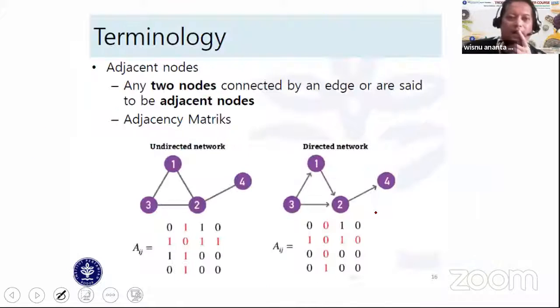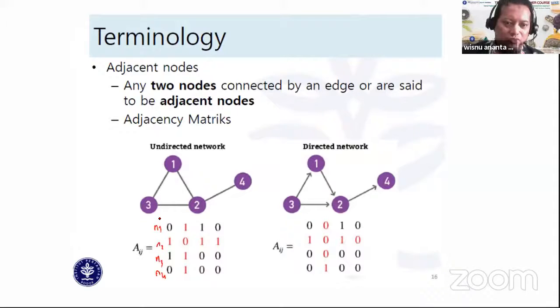And we also have a terminology, adjacent nodes, that is represented using an adjacency matrix. For example, if we have here node 1, node 2, node 3, node 5. For node 1 with node 1, we set 0 because there is no interaction between 1 and 1.